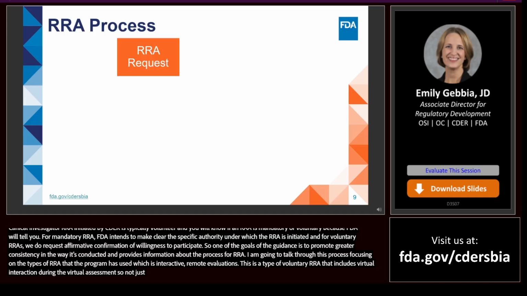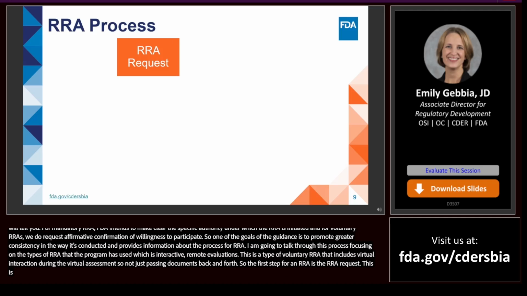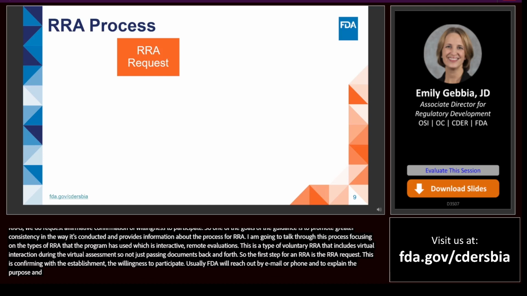So the first step for an RRA is the RRA request, and this is confirming with the establishment their willingness to participate. Usually FDA will reach out by email or phone to explain the purpose and the planned scope of the RRA, and as I mentioned previously, confirm the entity's willingness to participate.